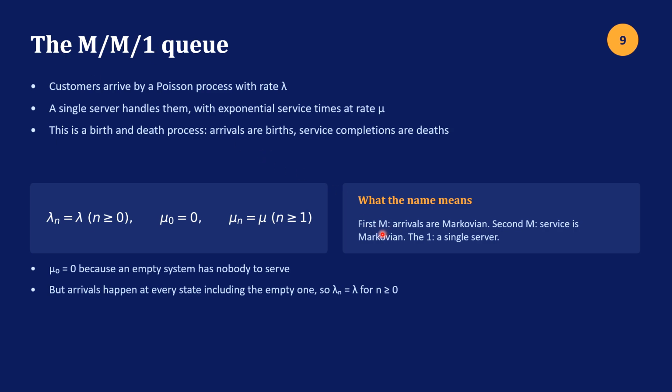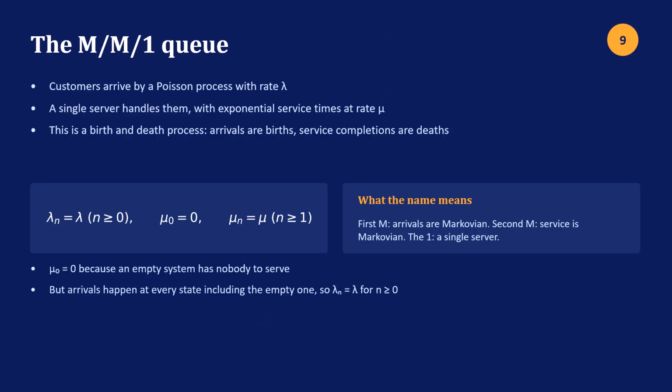So the first M means Markovian arrivals, and the second M means the services are Markovian, and the 1 means there's one server. I think I explained this. Yeah, so that's an example of probably the most simple queue. I have a slightly more complicated queue on the next slide.